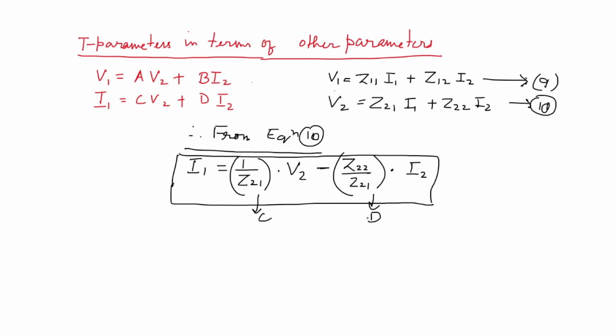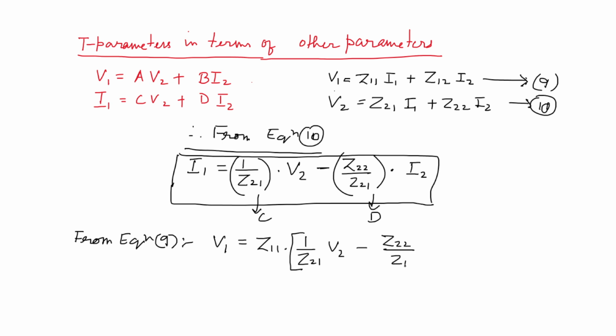Now from equation 9, if you substitute I1, so V1 is equal to Z11 into, now I1 you are substituting this value, so I1 is equal to 1 by Z21 into V2 minus Z22 by Z21 into I2, plus the rest part Z12 into I2.